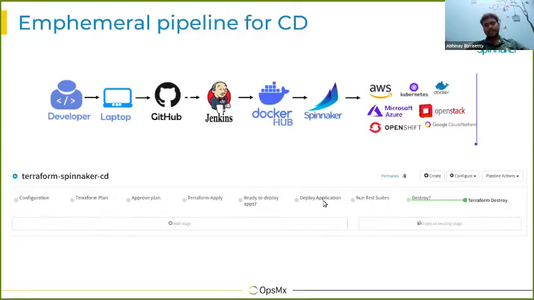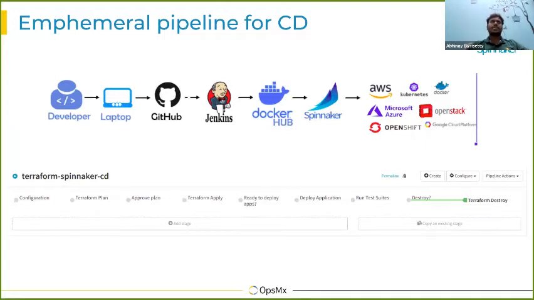And after deploying the application, it will run some test suites, publish the test suite results to some Artifactory, and ask me whether I want to keep the infrastructure for some more time.